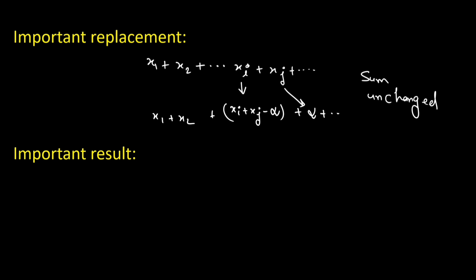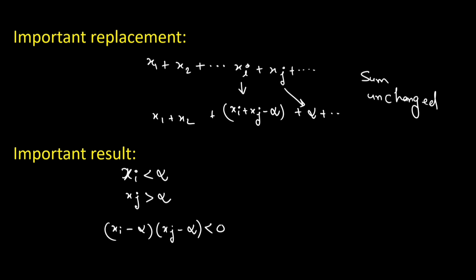Now one important result we will derive from here will be used in the proof. Suppose xi is less than alpha and xj is greater than alpha. So we can write that xi minus alpha times xj minus alpha is less than 0. Why? Because xi minus alpha is a negative number and xj minus alpha is a positive number.